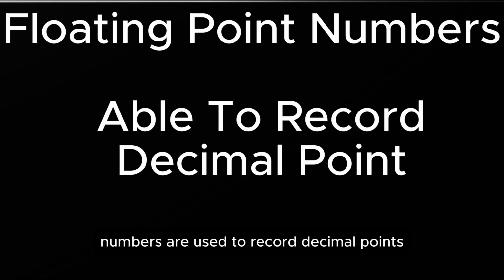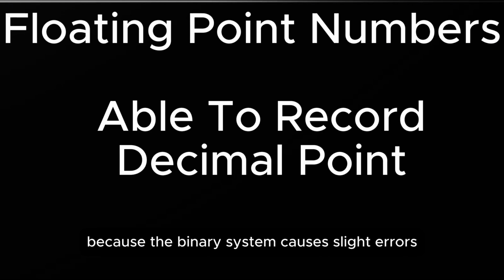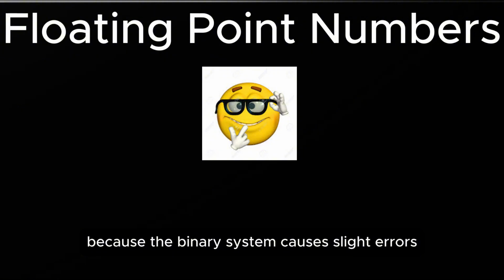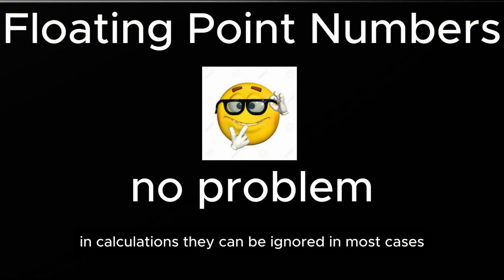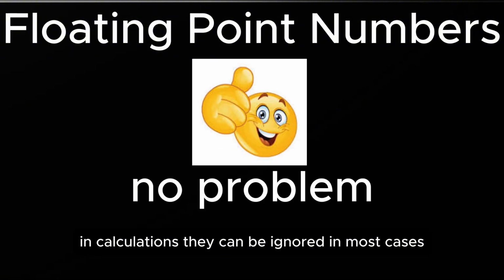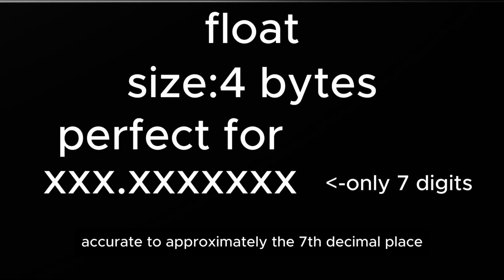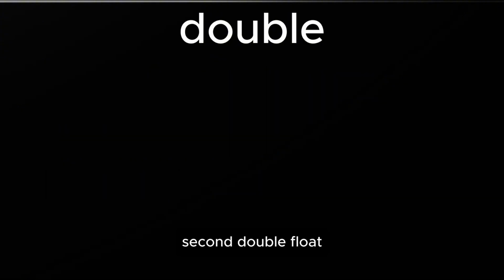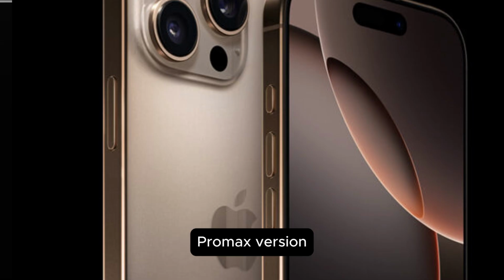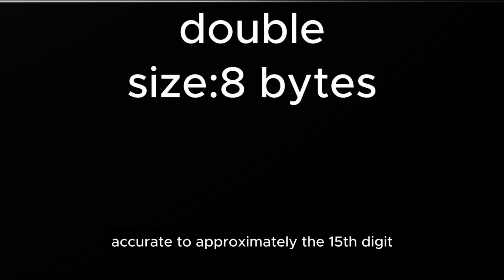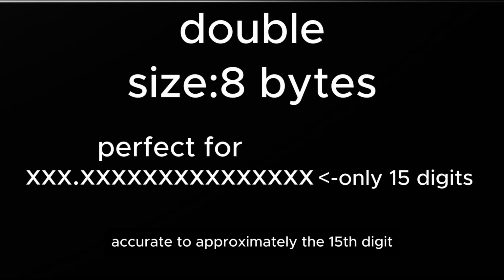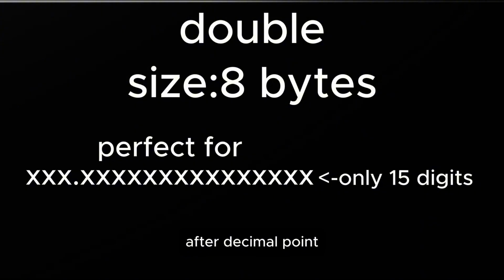Floating point numbers are used to record decimal points. Because the binary system causes slight errors in calculations, though they can be ignored in most cases. First, float. Occupies 4 bytes, accurate to approximately the 7th decimal place. Second, double. Float Pro Max version. Occupies 8 bytes, accurate to approximately the 15th digit after the decimal point.